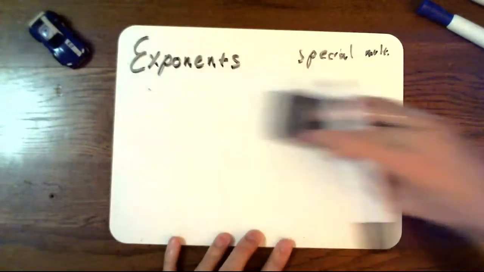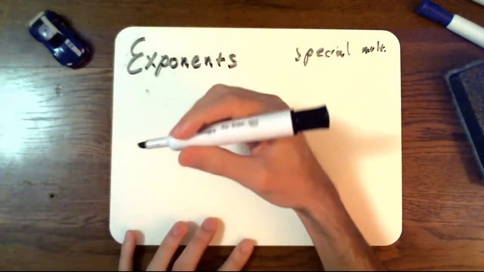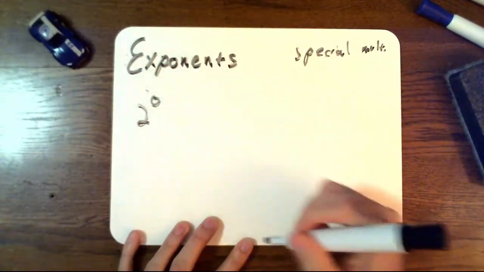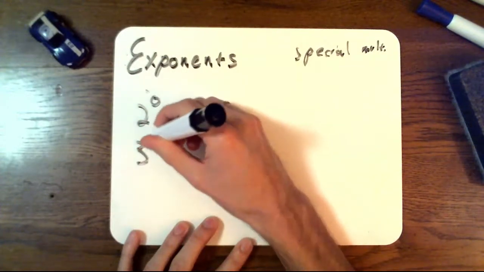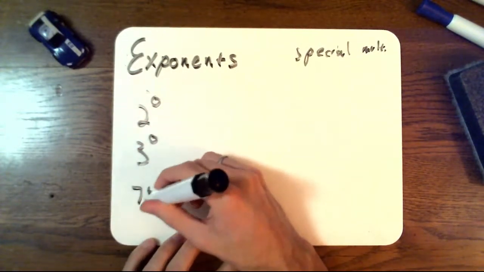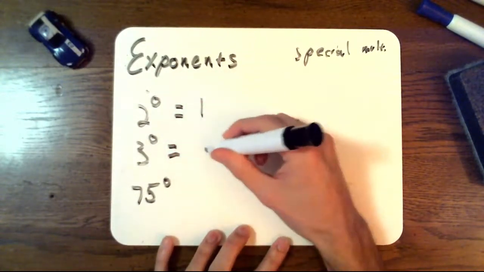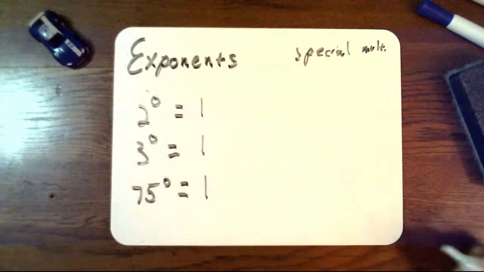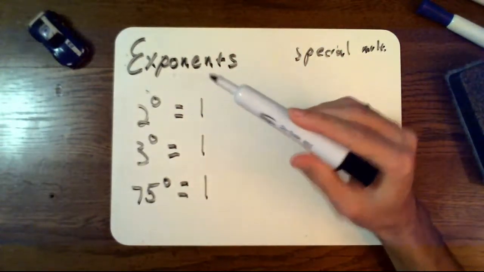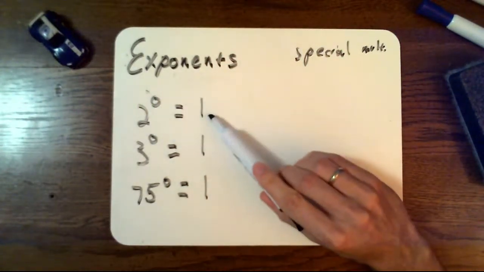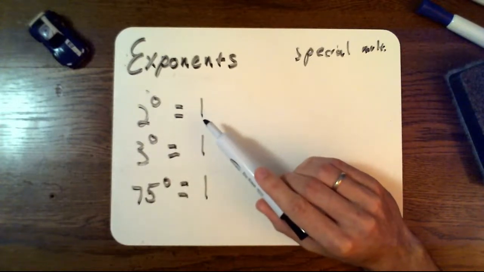Another rule to worry about is anything to the 0 power. 2 to the 0 power, 3 to the 0 power, 75 to the 0 power. All of these are equal to 1. So anything to the 0 power is automatically going to be 1.